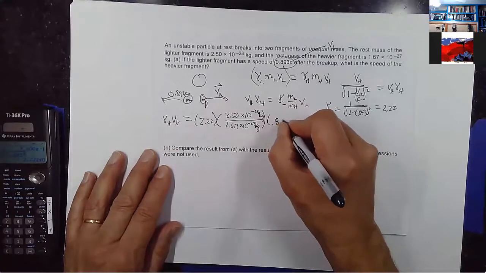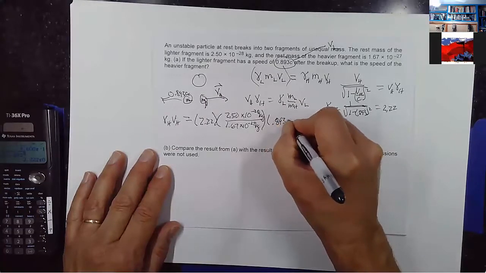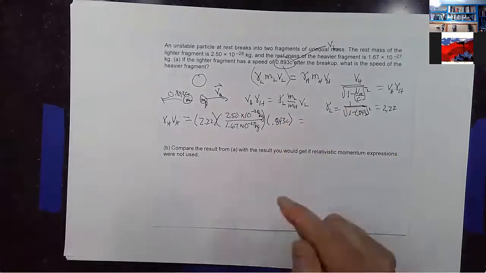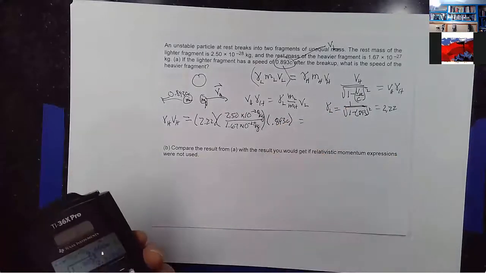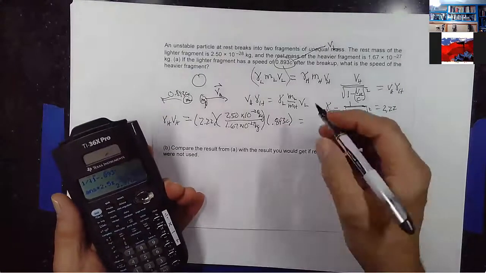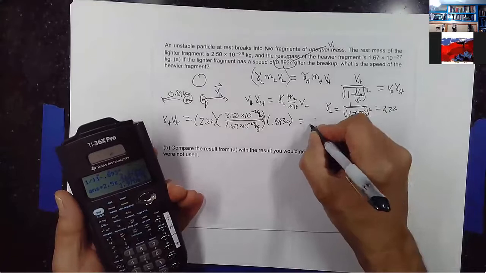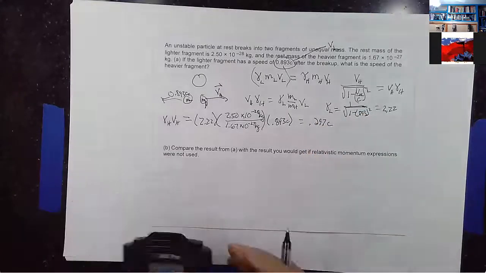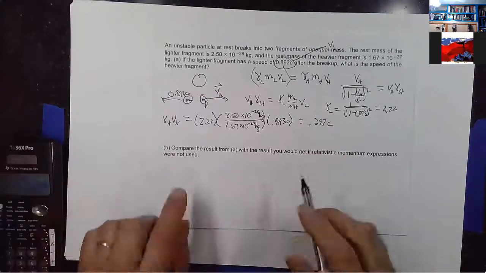And we'll get something that's a fraction of the speed of light, actually, out of this. I get about 0.297 C.